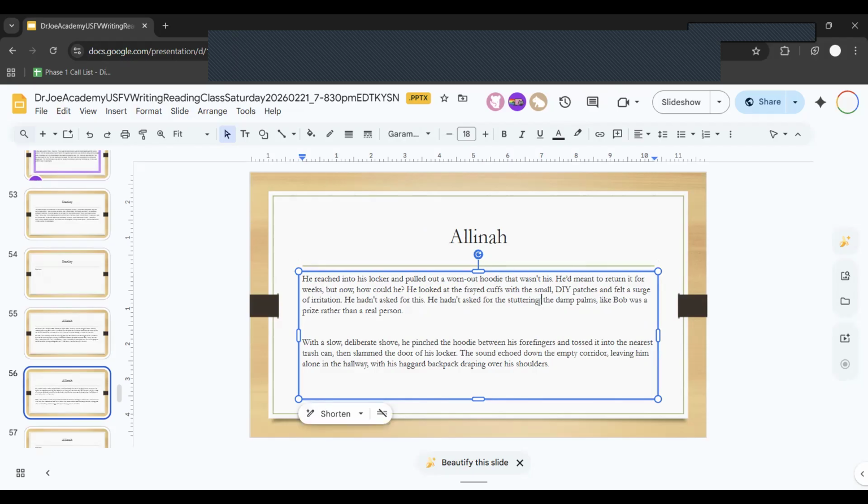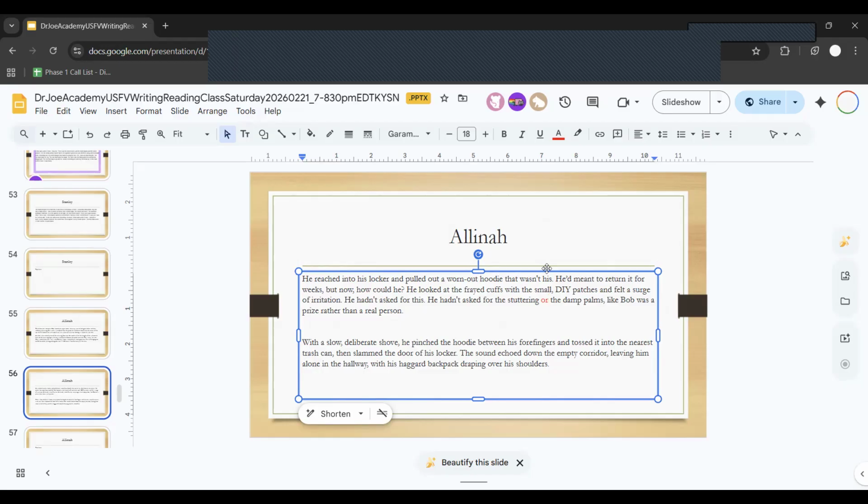Okay, we'll remove the comma and then we'll write, or the damp palms.